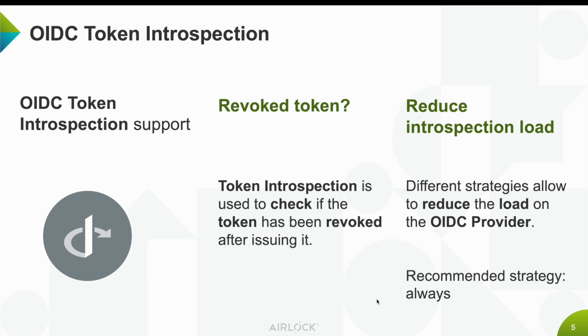This generates a load on the OIDC provider. To reduce the load, we provide a strategy to only send a part of the requests to the OIDC provider. From a security perspective, it is highly recommended to use the strategy always, which causes every request to be checked.